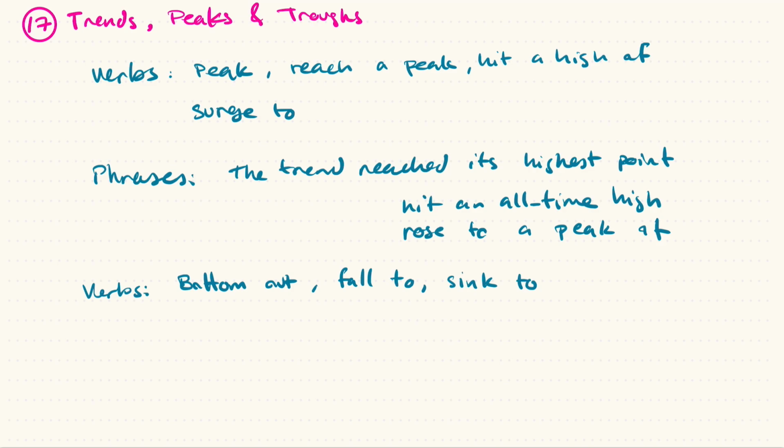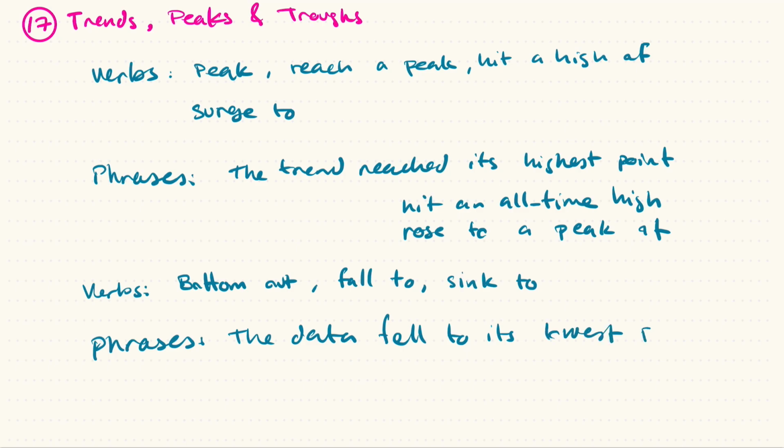The phrases that you can use for this scenario are, for example, the data fell to its lowest point at, and it's better to be specific, so lowest point at the value, or hit an all-time low, similar to all-time high.